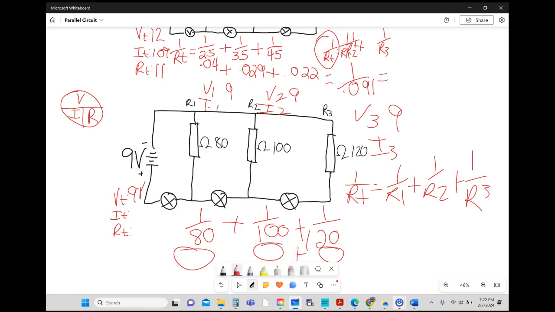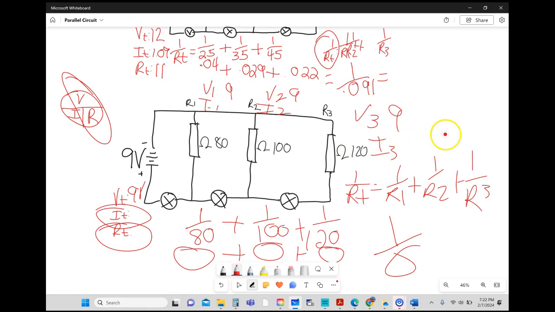You guys got to add those up. And then you got to take that, whatever you get, and you got to take 1 divided by whatever you get. That'll give you total resistance. Once you got total resistance, then it's just the V divided by R to get current. Then you're ready to go back and start figuring out what the individual current is for each one.